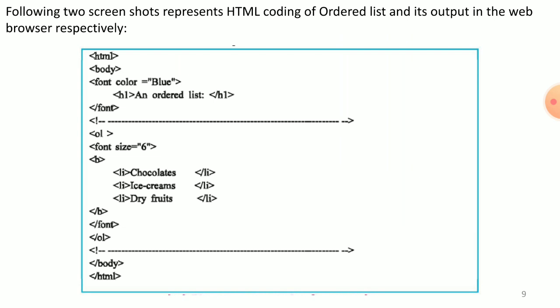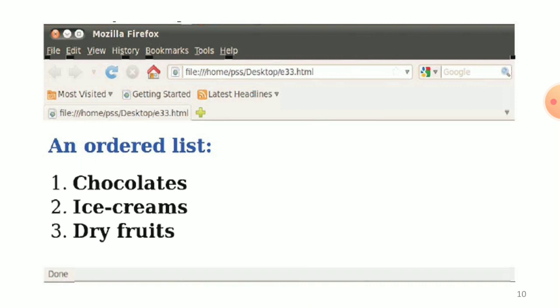OL means ordered list, font size equals to 6, B for bold, li /li chocolate, li /li ice cream, li /li dry fruit, /b over, /font over, /OL over, /body over, /HTML over, and save your file with a name and then .html extension. And that is the output of an ordered list.